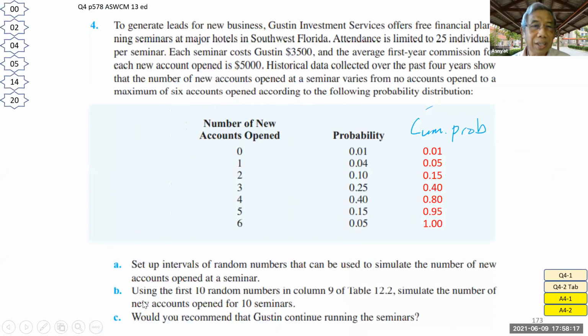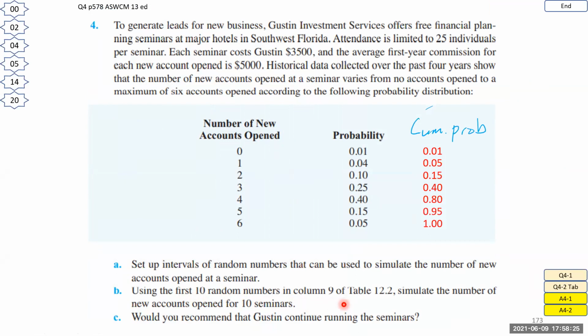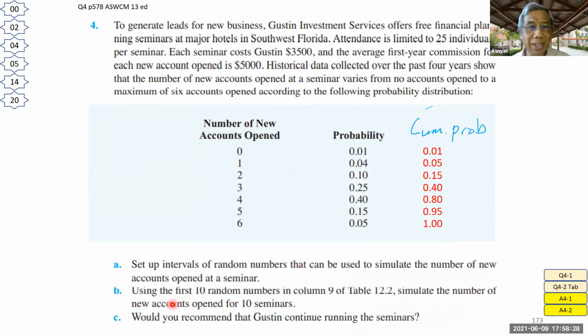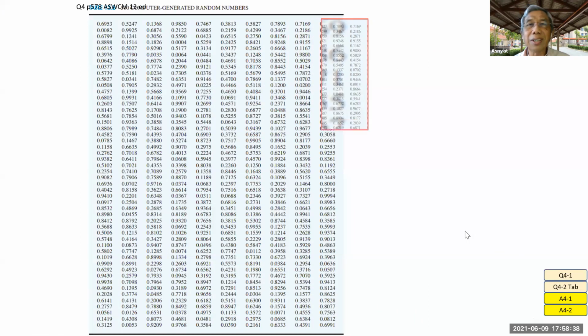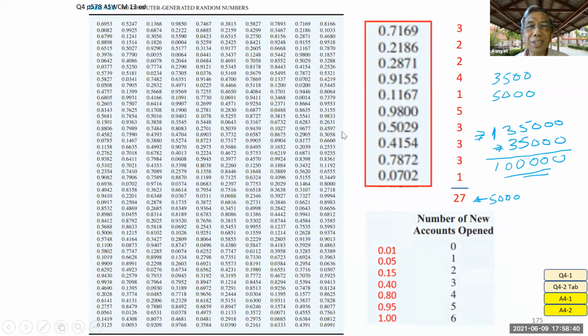The question says, using the first 10 random numbers in column 9. Use the first 10 random numbers in column 9 to simulate the number of accounts. So this is column 9, and I get the first 10 numbers, and I enlarge them here, and this is what we are doing.